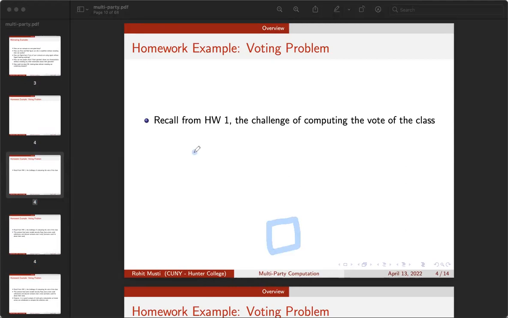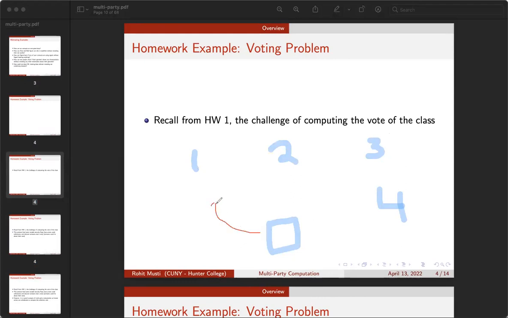And then we had person 1, person 2, person 3, and person 4.